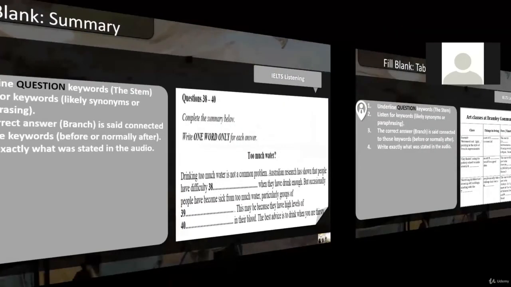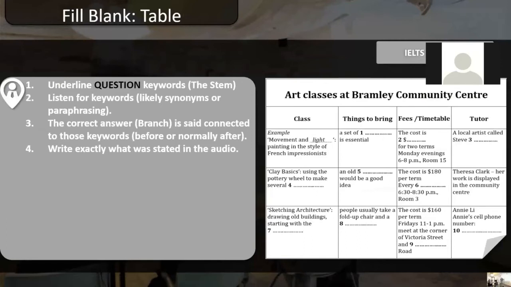And then sometimes you might have a fill-the-blank question in the format of a table. And again, it just goes in order: 1, 2, 3, 4, 5, 6, 7, 8, 9, and 10. Right? It goes in order. And you just have to be able to follow along with the table. They're going to start here.